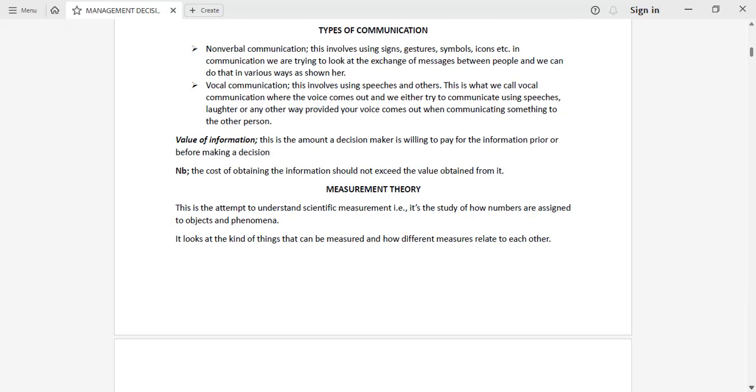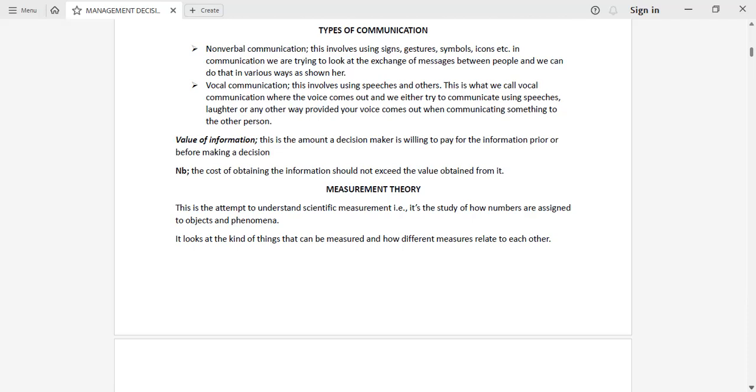Then the verbal, we said, involves speeches and others. Speeches, like even the tutorials we are having, lectures and all that, that's verbal or vocal communication. This is what we call vocal communication, where the voice comes out and we communicate using speeches, laughter, or any other way.